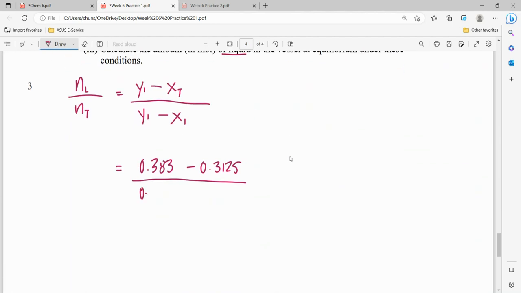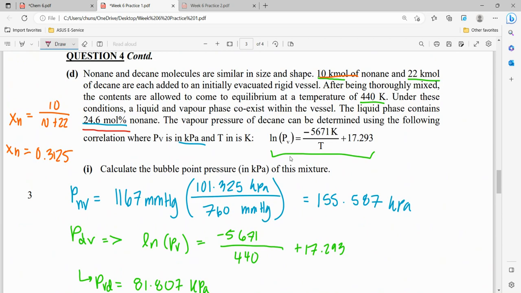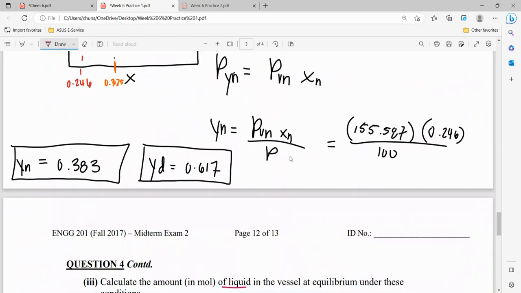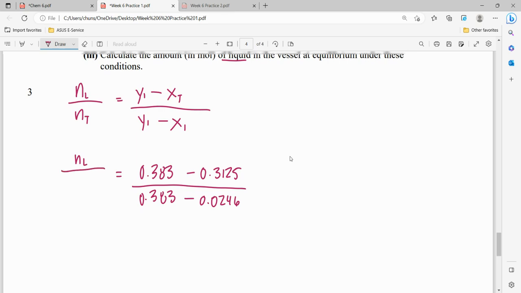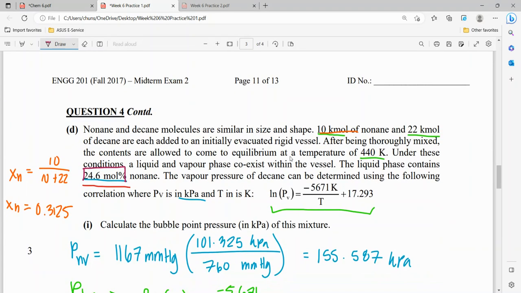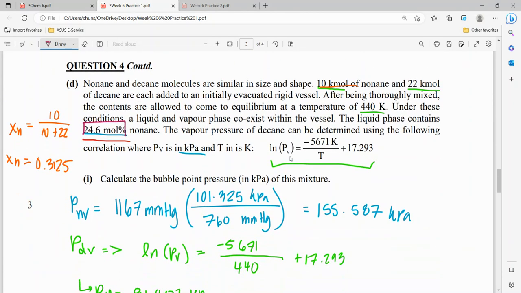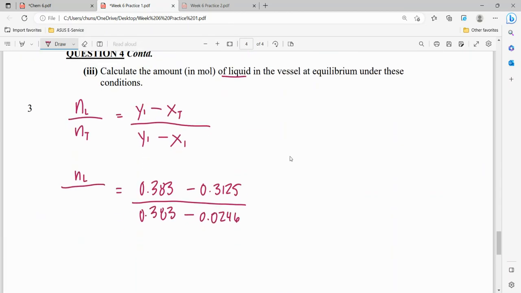Okay, and this is minus our liquid composition, which was given in our question, 0.0246, is equal to L, and our total moles was 10 plus 22, so that's going to be 32 kilomoles.